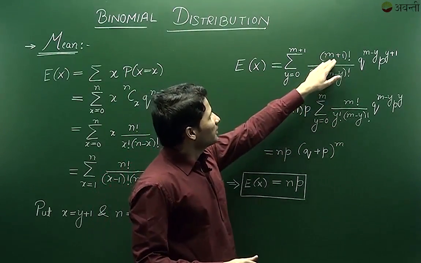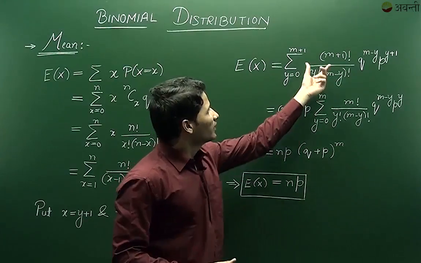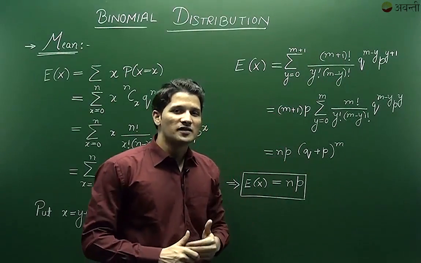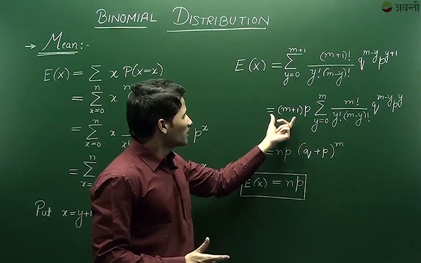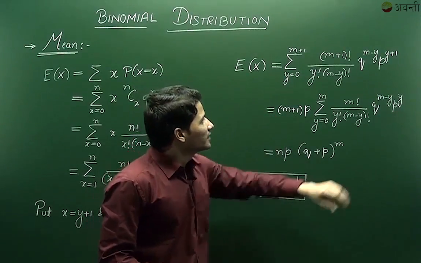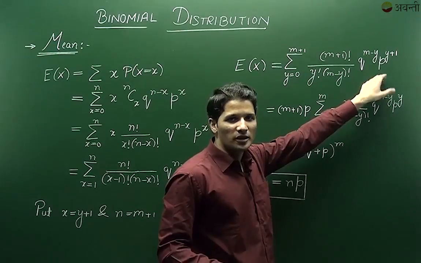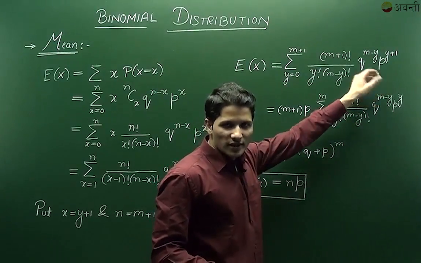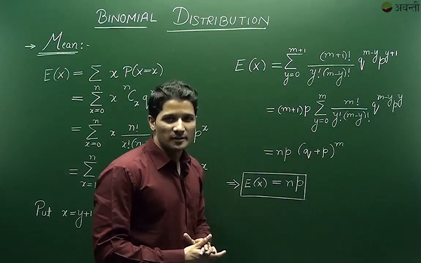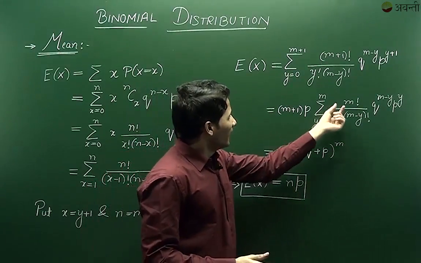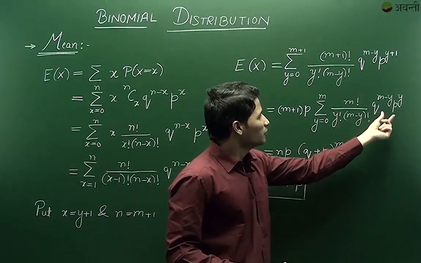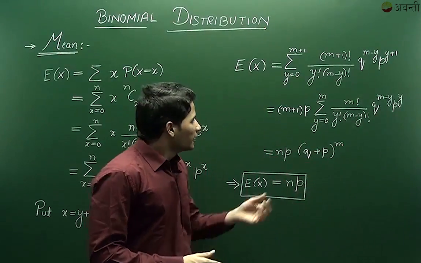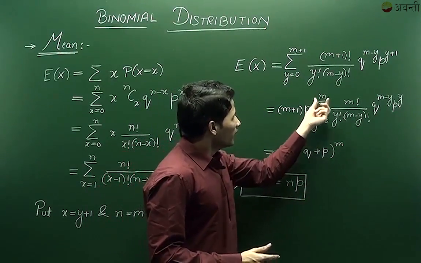Now this (m plus 1) factorial can be written as (m plus 1) into m factorial, and since m plus 1 is a constant number, it can be taken out of the summation. So m plus 1 has been taken out of the summation, and p has been taken out from here also. So p is also a constant number, so p has come out of this summation. So we are left with m factorial upon y factorial into (m minus y) factorial into q raised to power m minus y into p raised to power y, and here the value of y will be varying from 0 to m.